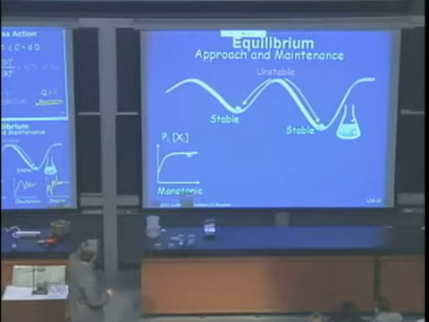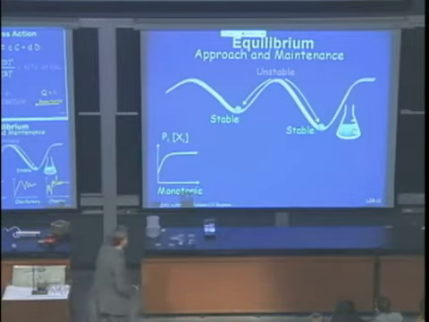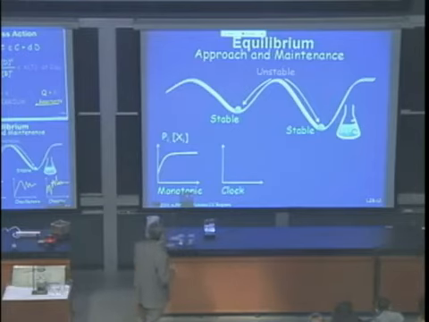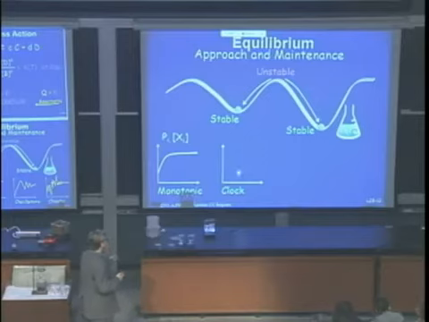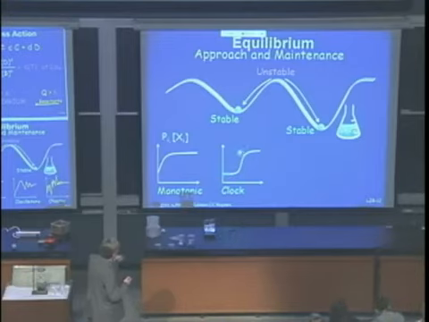Then the concentration doesn't change anymore, and this is what the reactions we just discussed do, essentially. We could also have a clock reaction, where first it doesn't do anything, and suddenly it goes up, and it goes into equilibrium, and then doesn't change anything anymore.